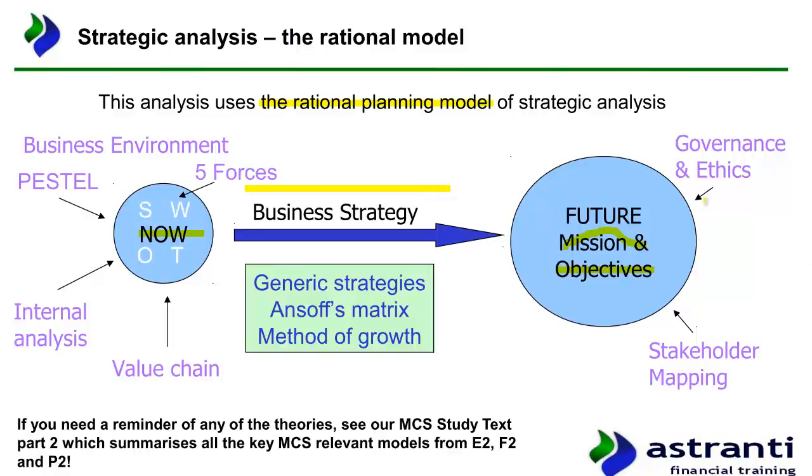And so it means deciding what sort of governance and ethics are we aiming for? What sort of relationship do we want with our stakeholders? Okay, and then we start looking at what we actually have. So we're looking at the outside forces that are influencing the business.